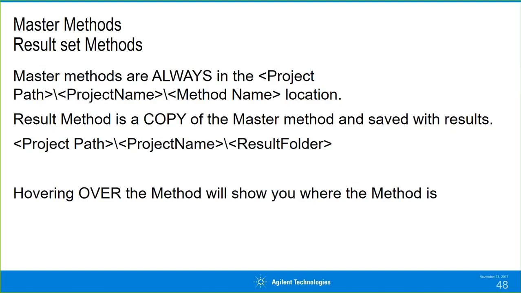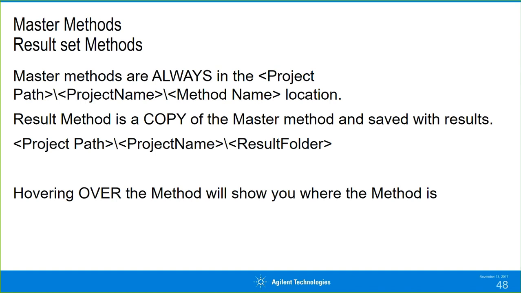Okay, so to wrap it up, we're on the downswing of this. It's the master methods versus result set method. The thing to really keep in mind is the result set method is in your result folder. When you open up a result set in data analysis, you are opening up that result set folder.